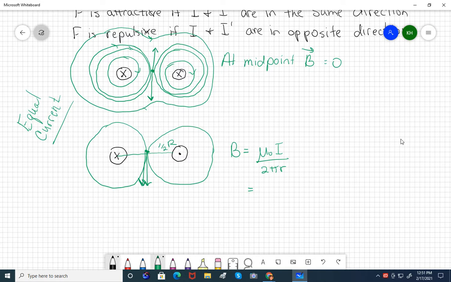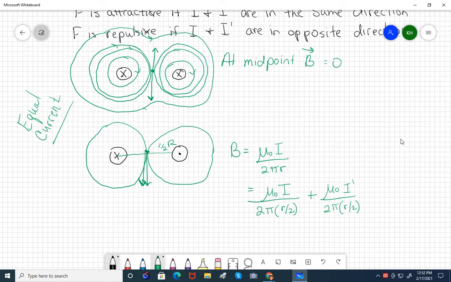If they have equal currents and they point in opposite directions, then basically you have this situation. Our distance, let's do it for the first one over here on the left, that's going to be mu0 I over 2 pi r over 2. And this one is going to be mu0 I prime, which is the same as I, over 2 pi r over 2.